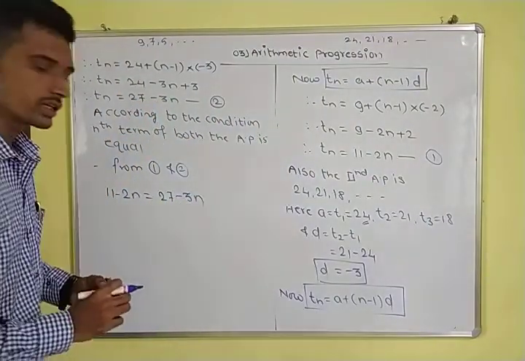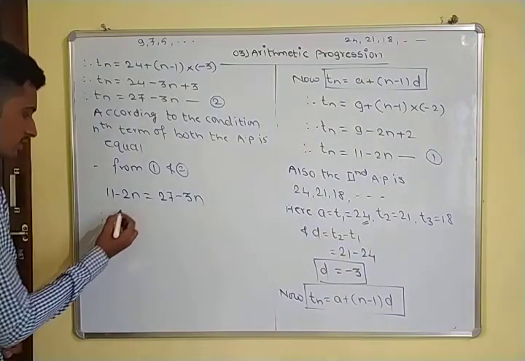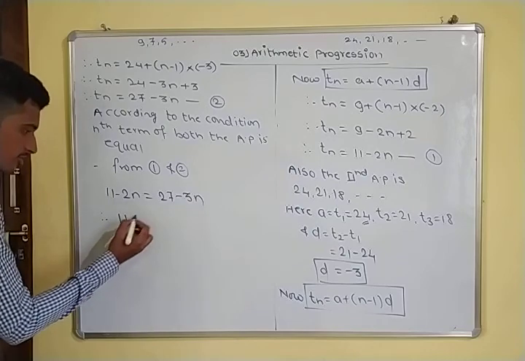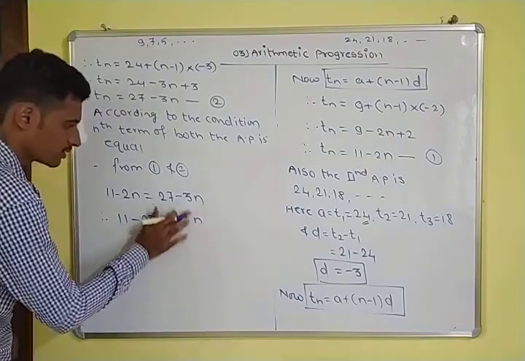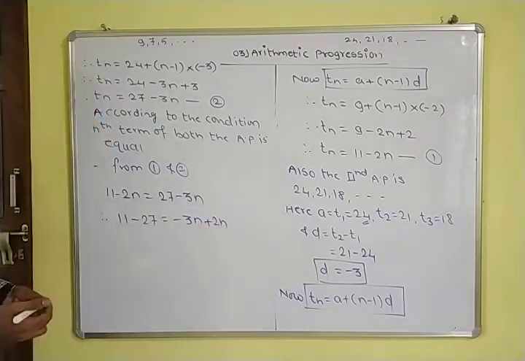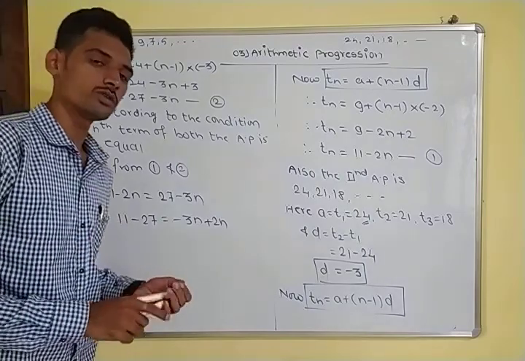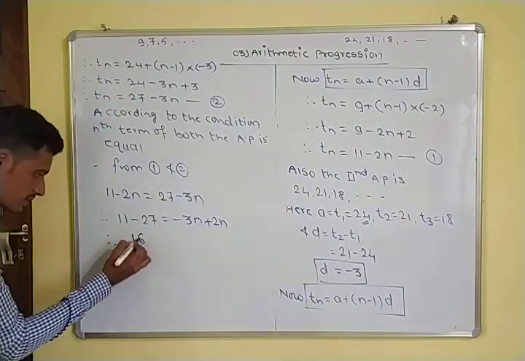So what happens here? Therefore 11 minus 27 is equal to minus 3n plus 2n. So 11 minus 27 means what? 11 minus 27 means minus 16. That is 16.